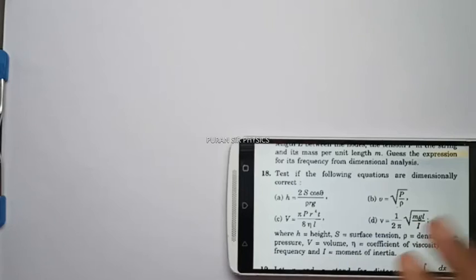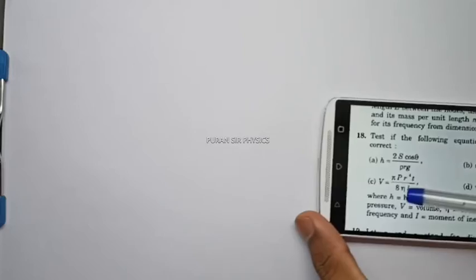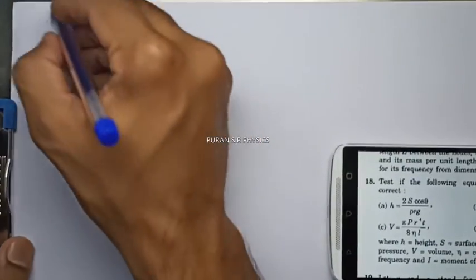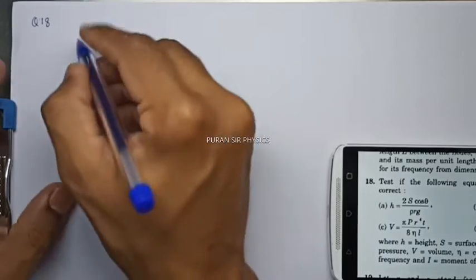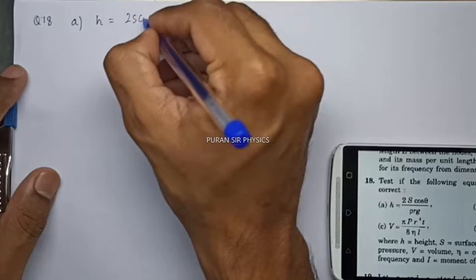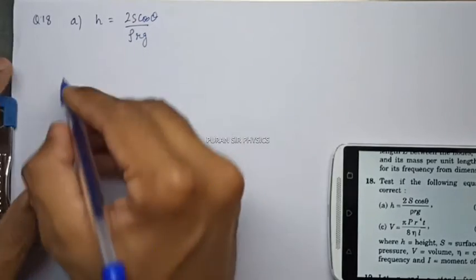So first, we have to test whether they are dimensionally correct. In question number 18, the first is h equals 2S cos theta upon rho r g.